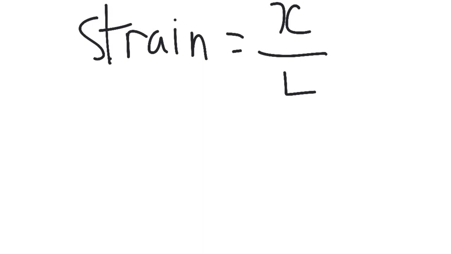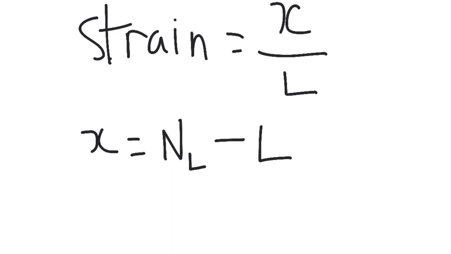So extension is the new length minus the original length, and that gives you the amount by which it's extended. That's the new length altogether minus the original length altogether, which gives you the total extension. That's quite important that you remember, and it does come up quite a lot.